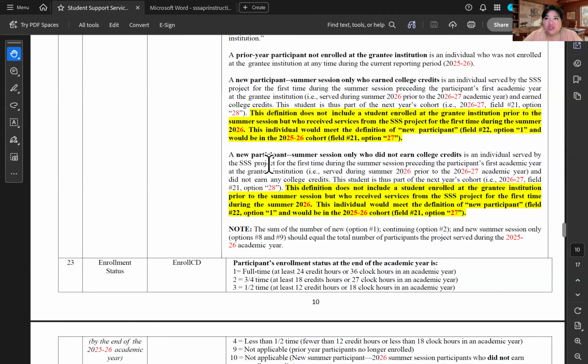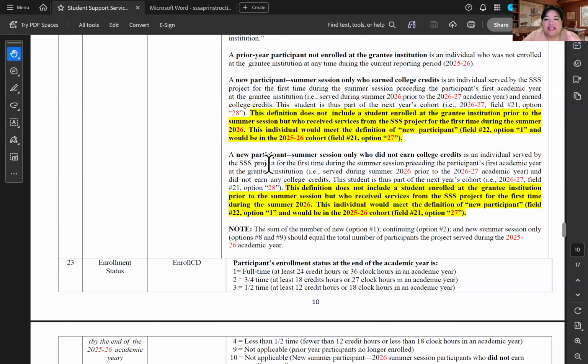If you want to force them to be a new summer student, the only thing is, it depends on whether they were taking credit courses. Well, whether they're taking credit courses or not, this thing I highlighted in yellow comes up. So we don't care if they took summer classes or they did not, but they were coming back in the fall.